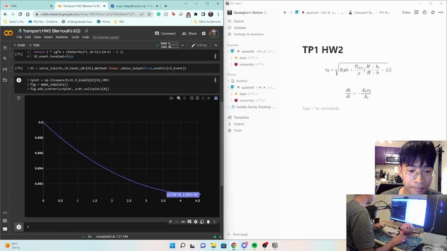And this event will happen at 4.59 seconds. And if this liquid is water and the water starts at 0.9 meters, this happens when the height reaches 0.89. Oh, okay. So that's part 1 of homework 2 done, and see you in the next video.